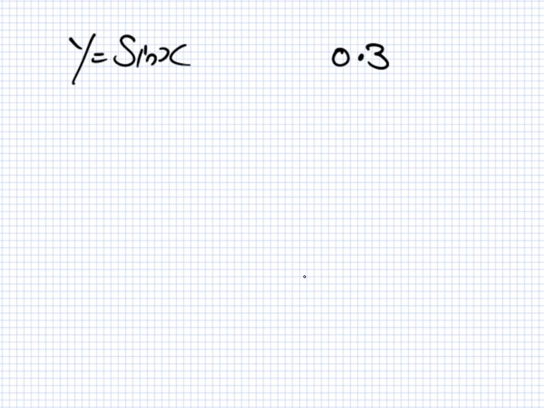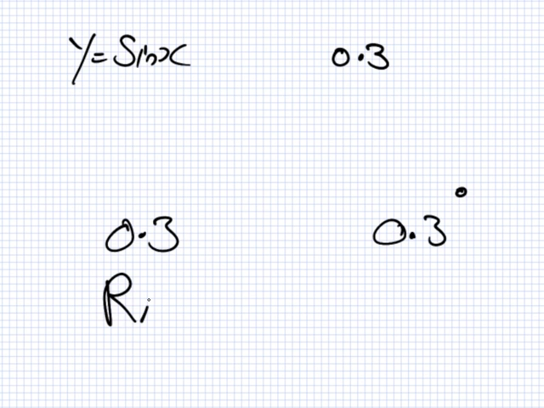No. What I see that tells me this is radians and not degrees is what I don't see. I don't see this. So there's a big difference. Huge difference. This is radians.